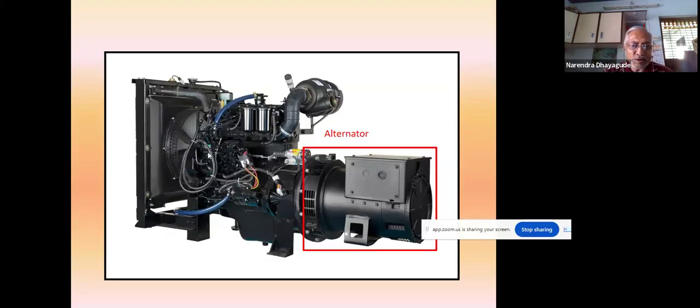Here the engine and alternator are coupled together, with no separate coupling. The alternator is directly mounted on the bell housing of the engine, so it is called a close coupled DG set. Earlier, there used to be a separate coupling in between, those were long coupled DG sets.